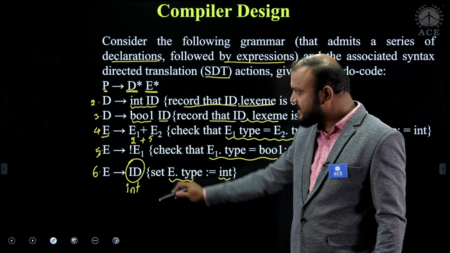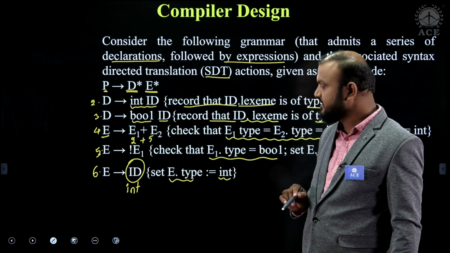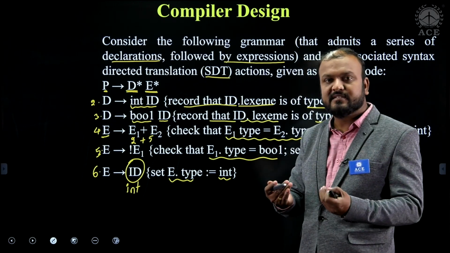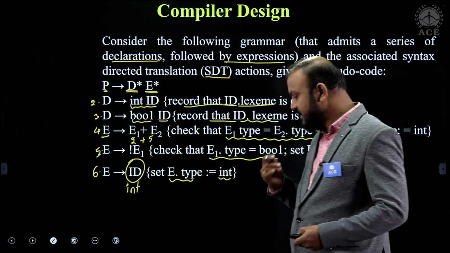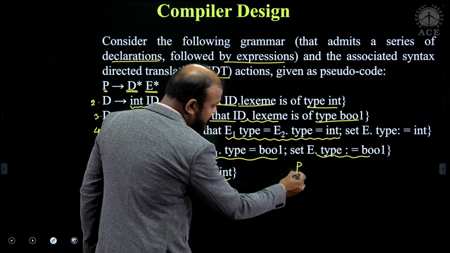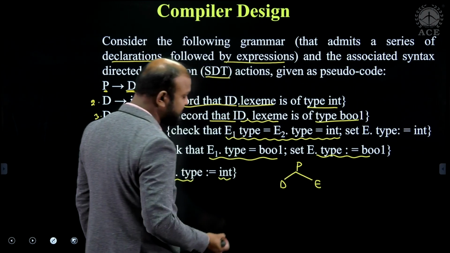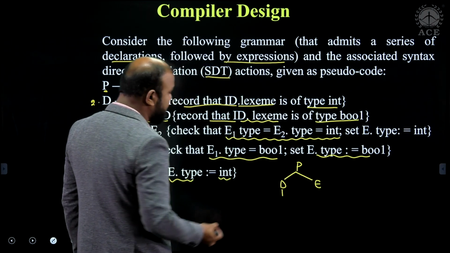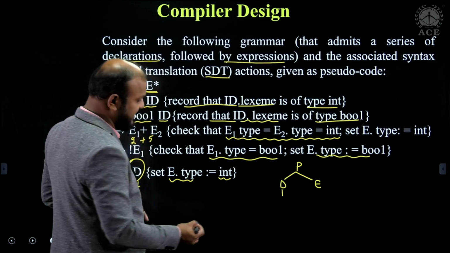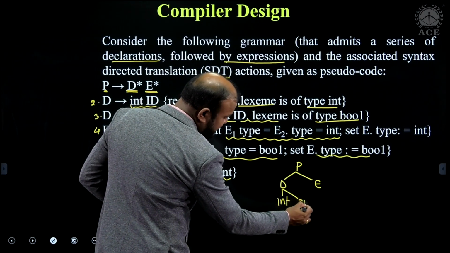When you observe these 6 production rules, you are not going to get boolean variables as identifiers. Let us take an example. My program consists of a declaration followed by an expression. Say the declaration could be integer ID, say int ID.